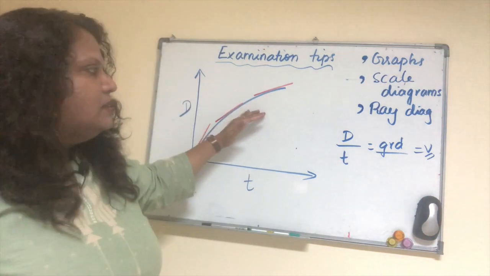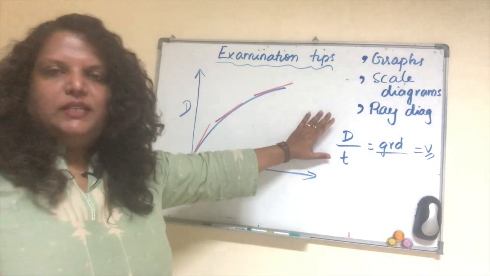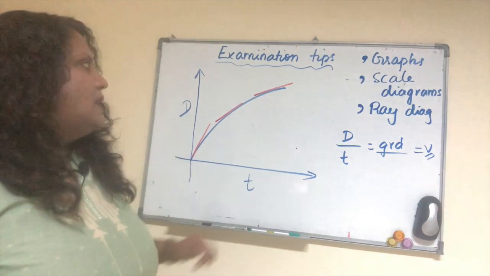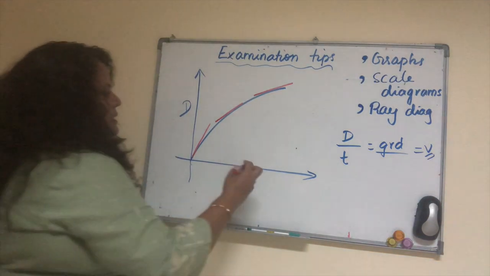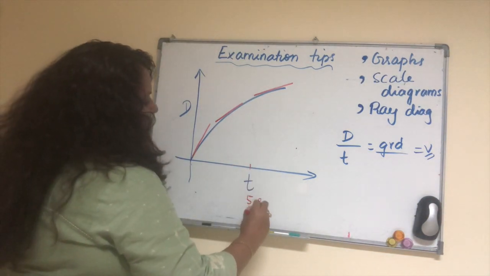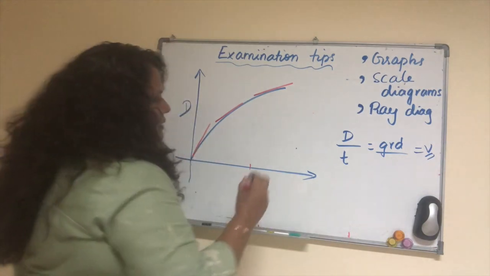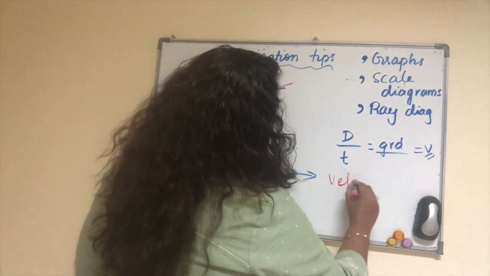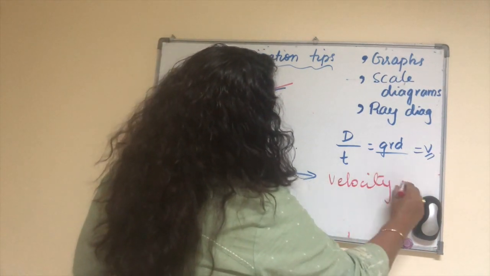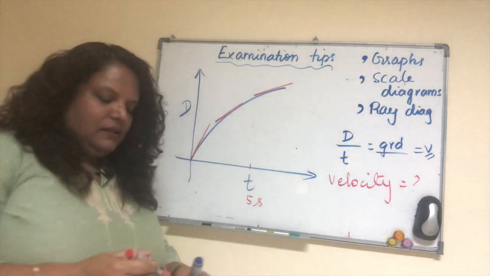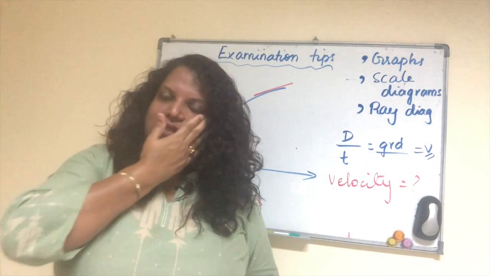Now, for such graphs, analyzing or interpreting is easy. But if they ask you, for example, at t equal to say 5 seconds, what is its velocity? How would you calculate? I'm stressing on this.